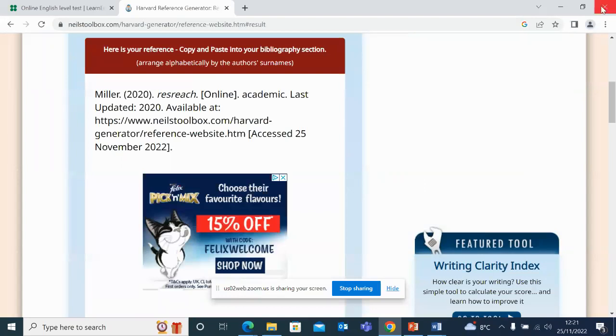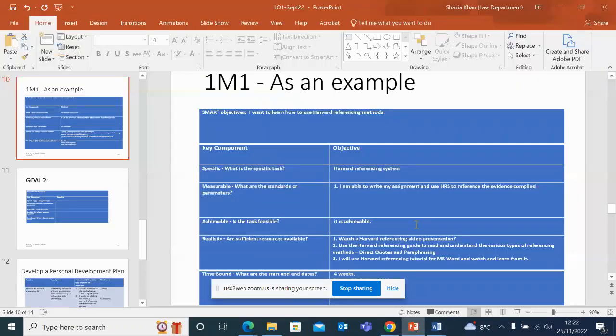Yeah, it's easy, isn't it? It's very easy, and then you can just copy and paste this into your work. That's what we're saying on these slides. You've got academic sites that will help you with Harvard referencing. You've got academic videos that can help you, and I think a lot of the additional stuff is on Moodle.